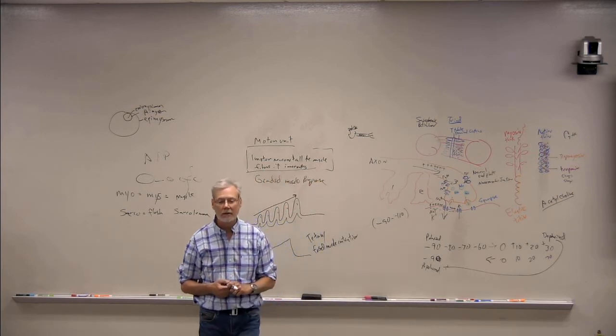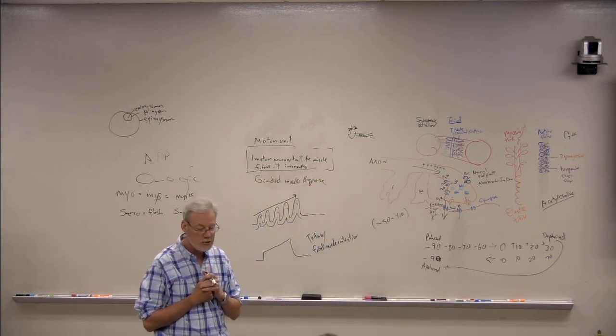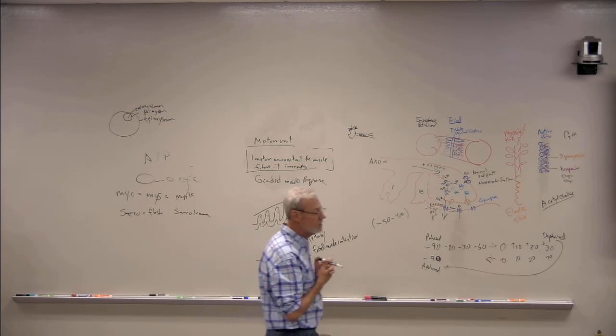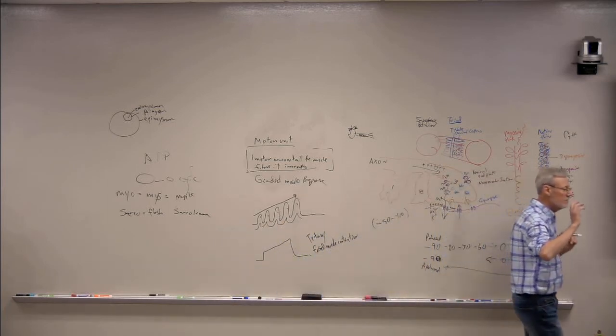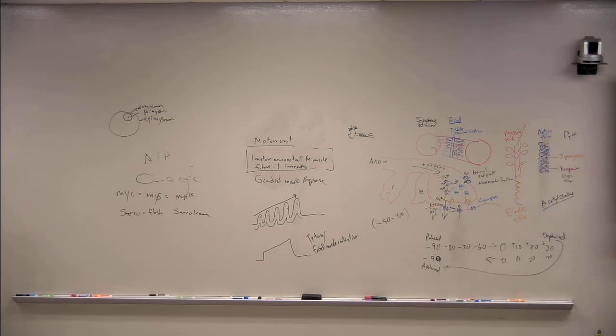You get so much stimulation that the response will get stronger, stronger, stronger. Now, if someone is electrocuted, that's called tetany.